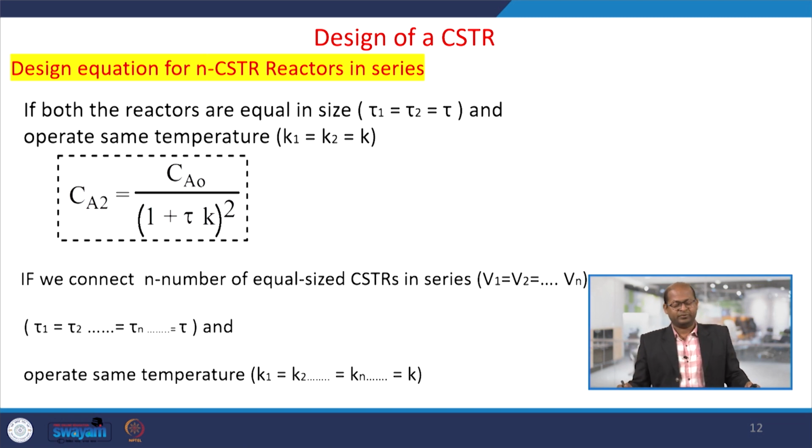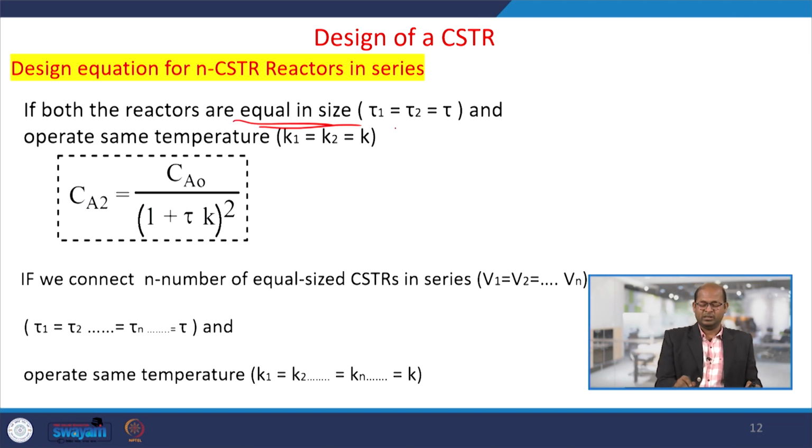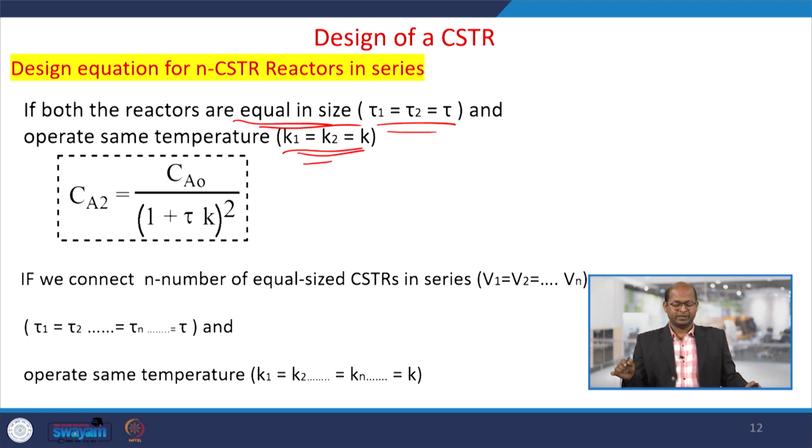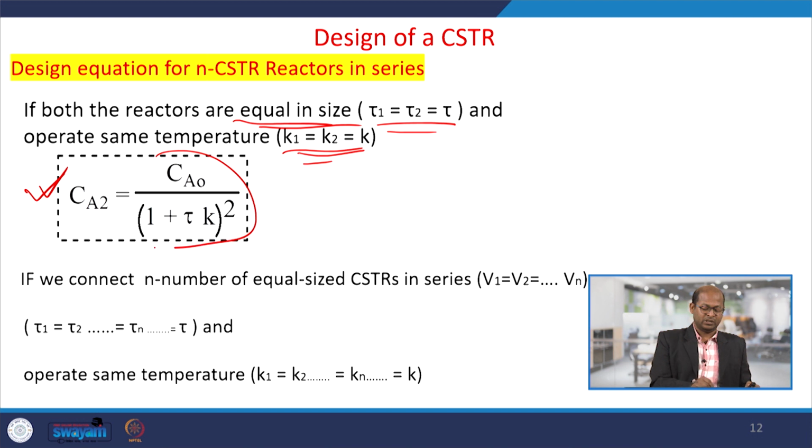If both reactors are equal, then tau 1 and tau 2 would be the same, and since it is the same reaction, the rate constant would be the same for the same reaction conducted in both reactors. Therefore, Ca2 equals Ca naught by (1 plus tau k) whole square.